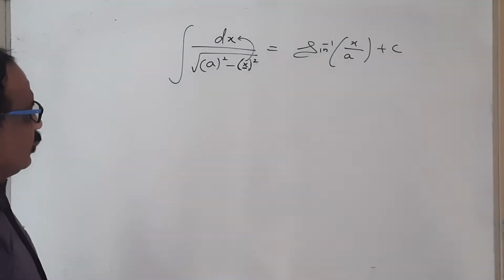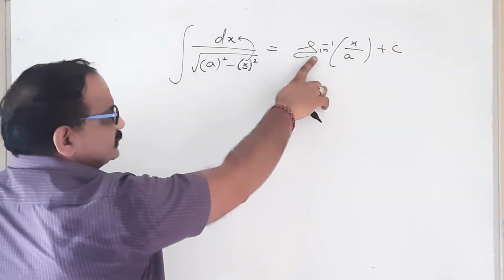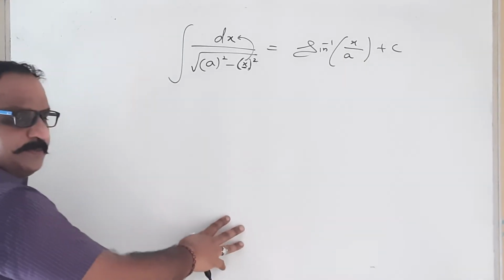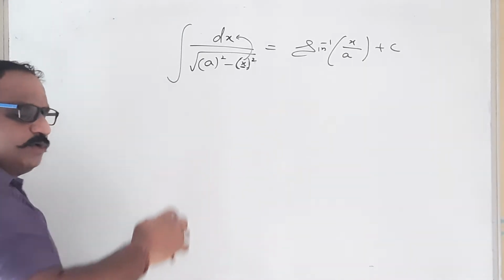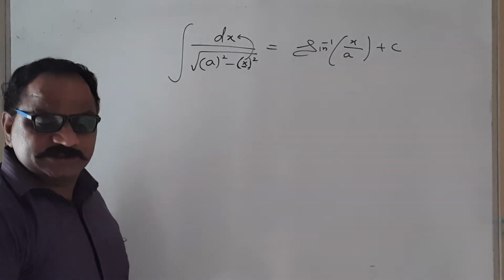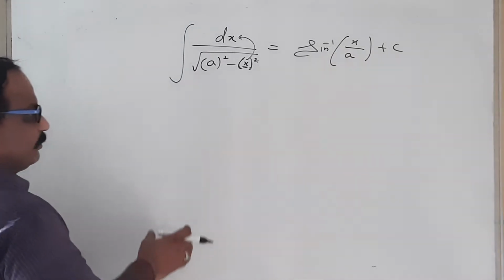If that happens, then only we use the formula sine inverse x by a. That will follow in each and every case we discuss here, right? So we have to keep in touch.